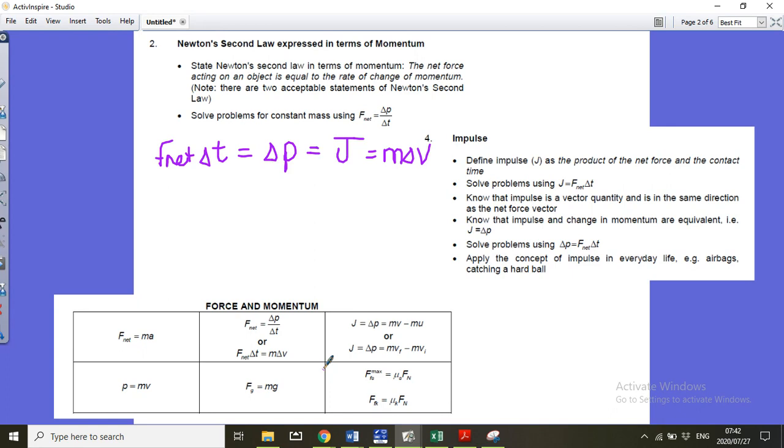So what I would like you to do when you get your information sheet, you have F net delta t equals m delta v here, but I want you to make a big equal sign between these two columns because all these two are equal to any of these stating impulse. Big trick, please, please. Now, the questions that come up about impulse are often explanation questions, and you know that you are not amazing at those.